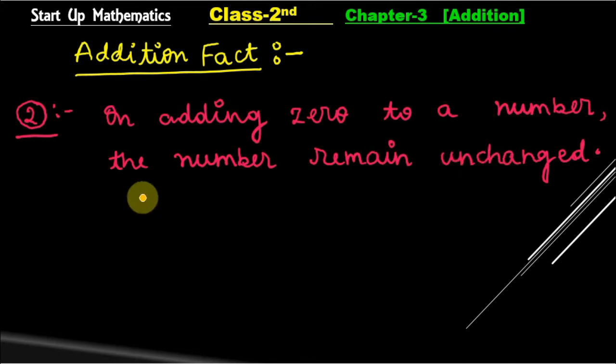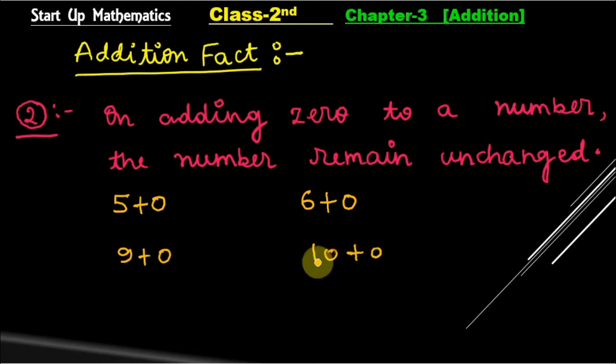Let's take an example. 5 plus 0, 6 plus 0, 9 plus 0, 10 plus 0. So the second addition fact is, on adding 0 to a number, the number remains unchanged.